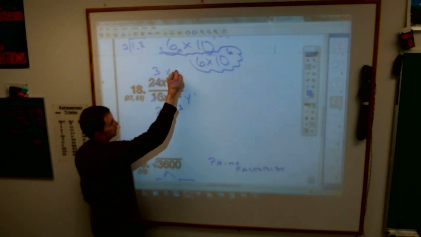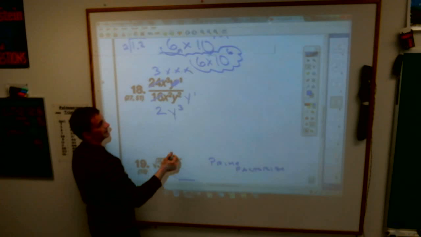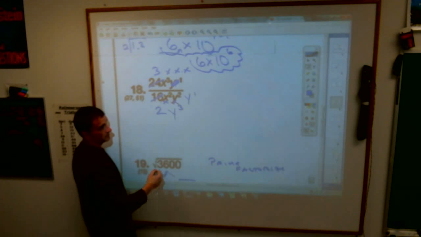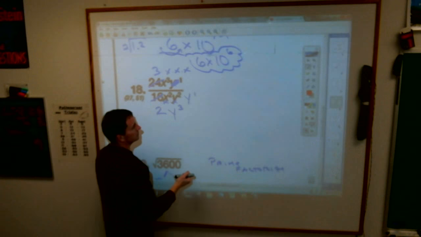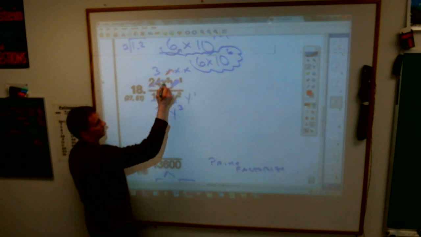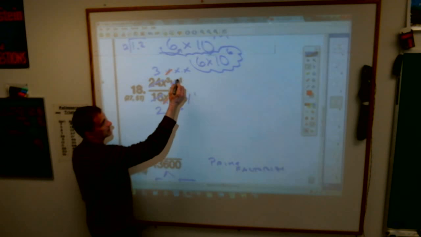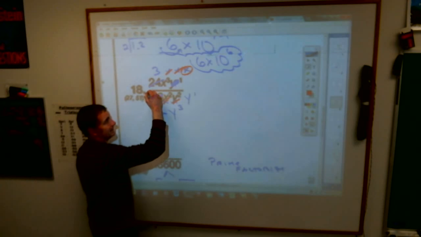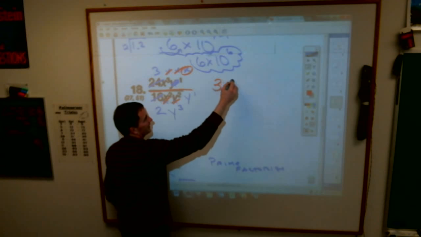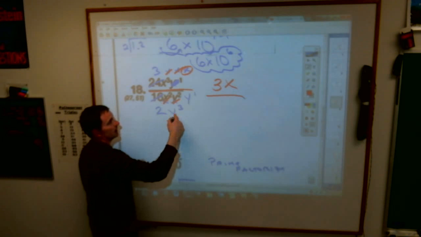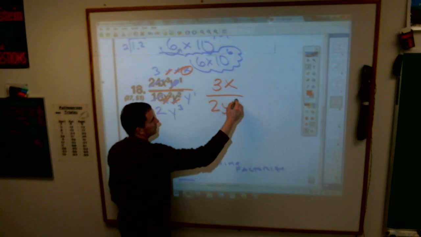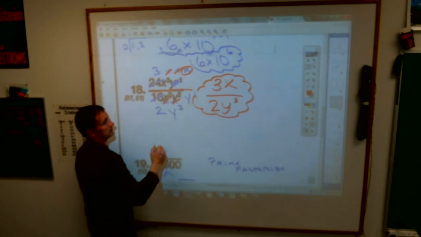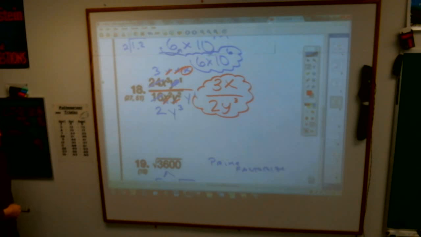That means you have 3 x's times themselves on top and 2 x's times themselves on bottom. Which means they're identical. One x crosses off with another x, the second x crosses off with the second x. Left with one x that didn't cross off, and these stay on top. 3x has to stay on top, 2y cubed stays on bottom. That's all you can do with it. You can have a fraction as long as the exponents are positive.